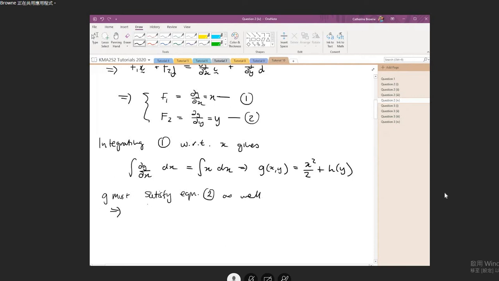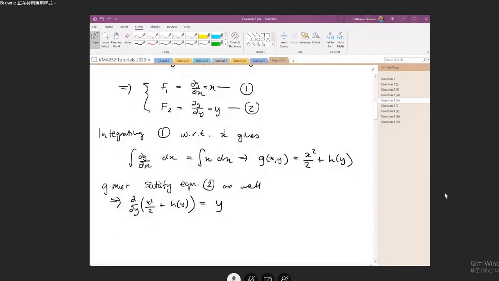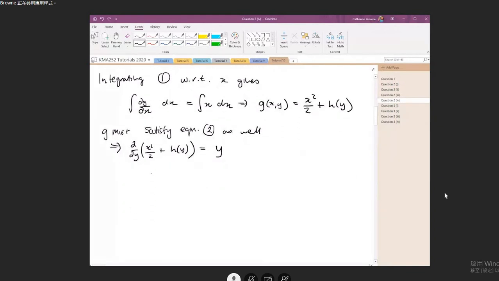So from that we get the partial dg dy of x squared on 2 plus h of y is equal to y, because we had dg dy is equal to y. So this x squared on 2 part, if we differentiate with respect to y, it just disappears.